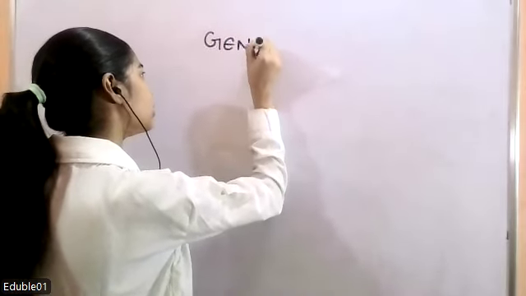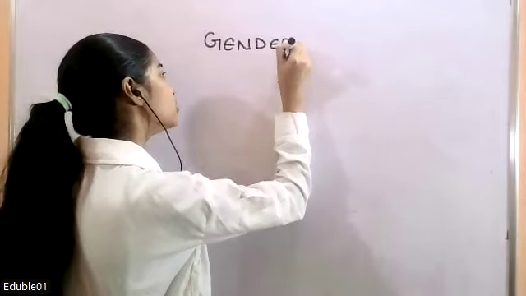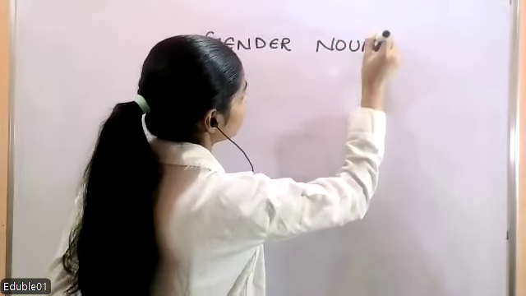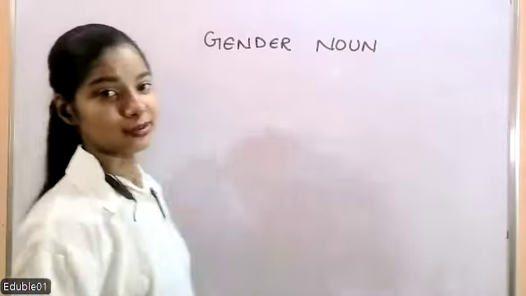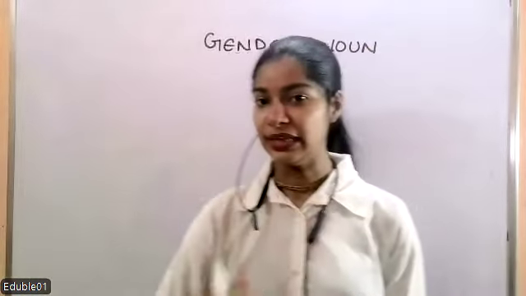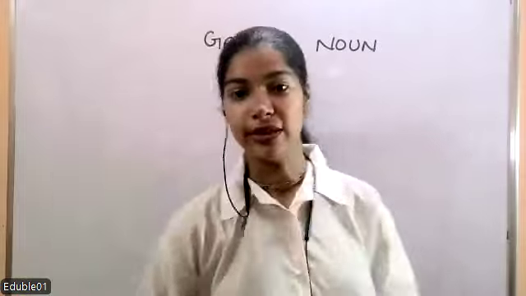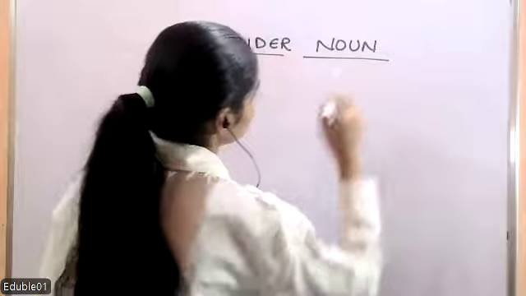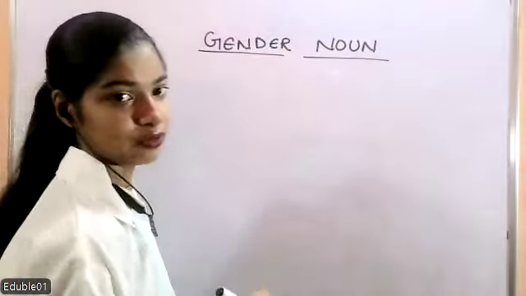Now we are going to learn the next one, gender noun. Now everybody knows that we have two genders. One is male and the other is female. So on the basis of gender, we are going to learn two types of noun.